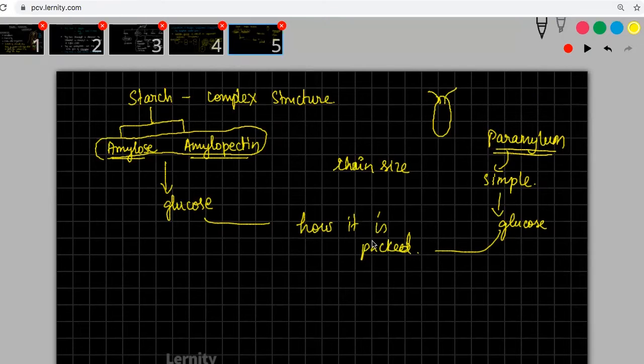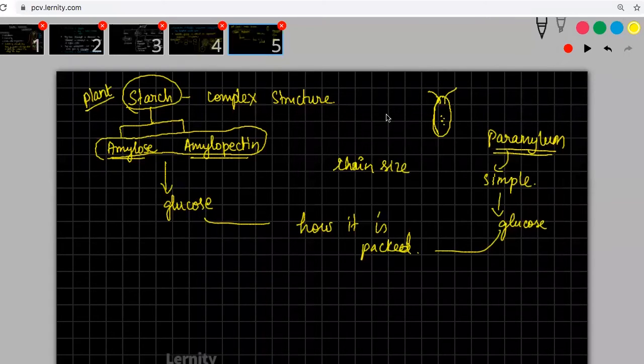Basically, these guys are having a small home, and they will pack things in a different way. And plants have a very huge house where they can store lots of stuff, so they pack things in a different way. So that is the basic difference. Please understand this amylum, starch, para-amylum, everything is the same in terms of content.